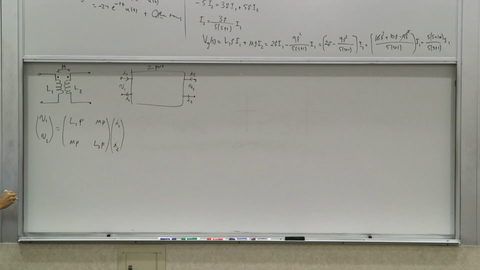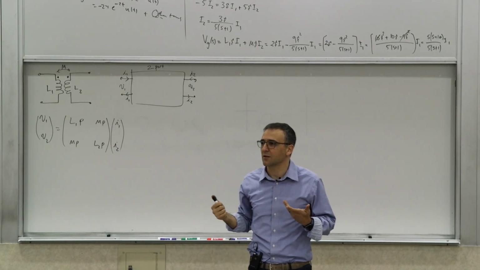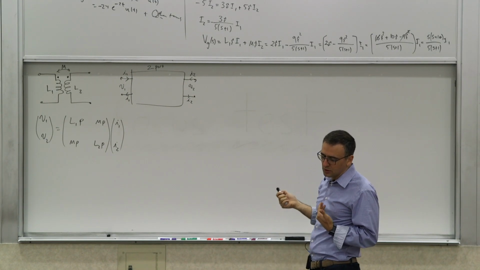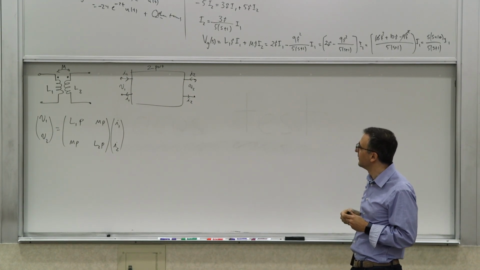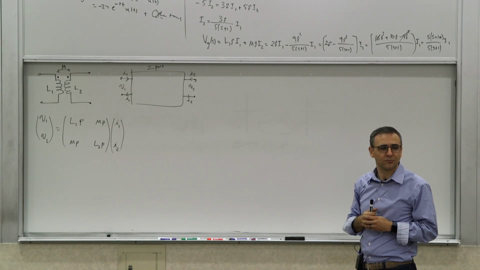Now, we saw that there were different sets of parameters to characterize a 2-port, right? Which set of parameters do you think would be most suitable to characterize something like this? In its form, what kind of parameters does it represent?